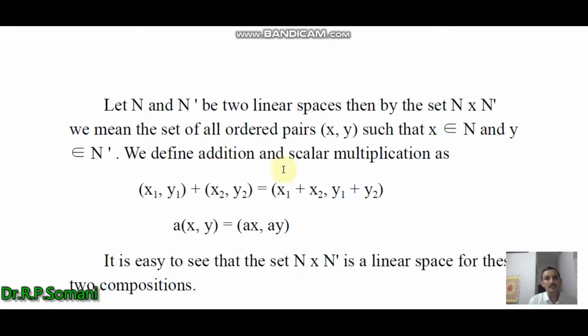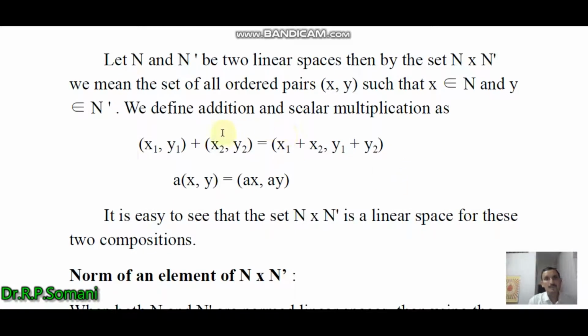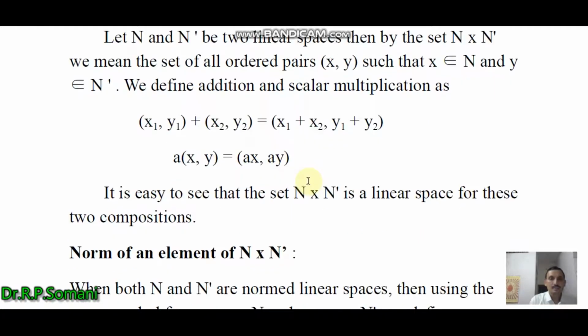We define the addition and scalar multiplication pairwise: (x1, y1) plus (x2, y2) equals (x1 plus x2, y1 plus y2). This is the addition of these ordered pairs, and scalar multiplication is a(x, y) equal to (ax, ay). Then it is easy to see that N cross N dash is a linear space for these two operations.